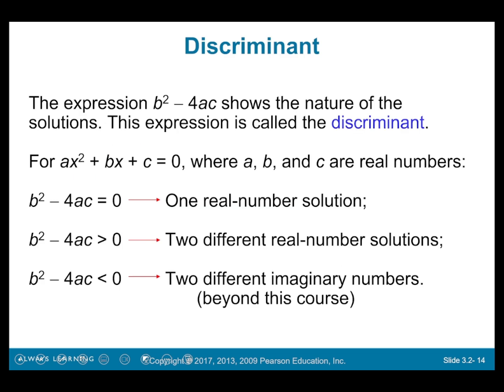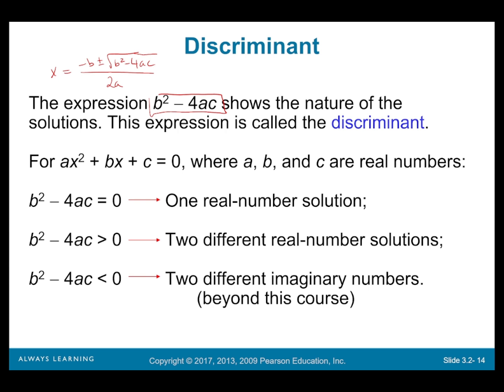Now there's a particular term in the quadratic formula that's a little more interesting than the rest. So remember that the formula goes x equals -b plus or minus square root b squared minus 4ac all over 2a. And that b squared minus 4ac term that's under the square root is what we call the discriminant.